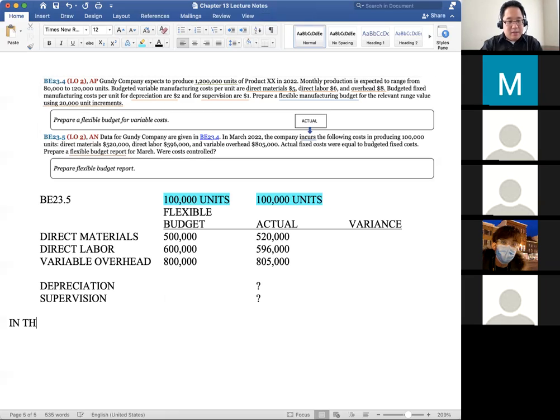In the static budget, they plan to make 1.2 million units, right? That was the static budget, the original budget. And they said that depreciation is $2, right? So that's $2.4 million for the year. This is for depreciation.